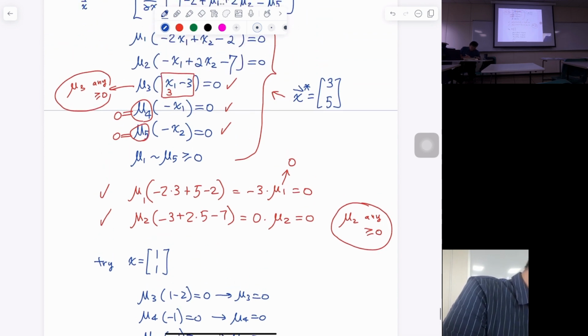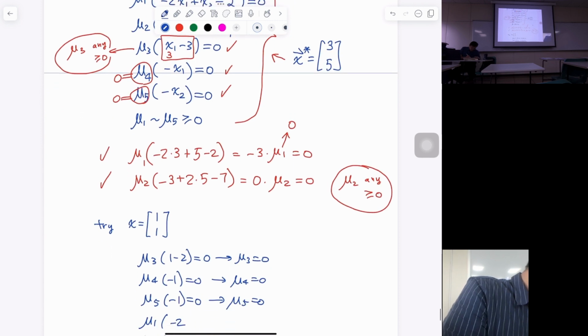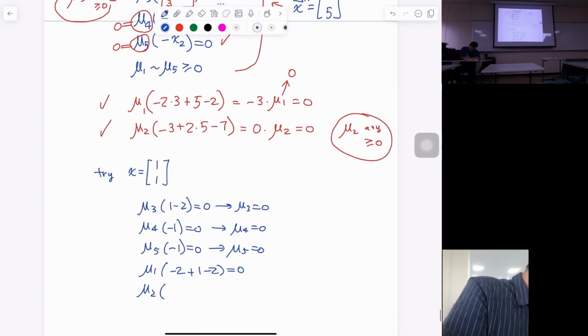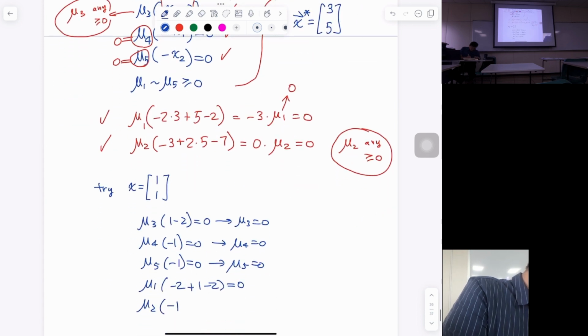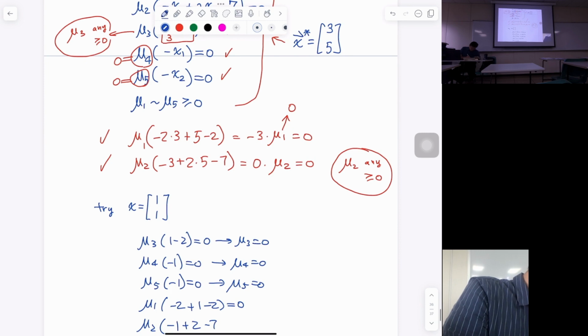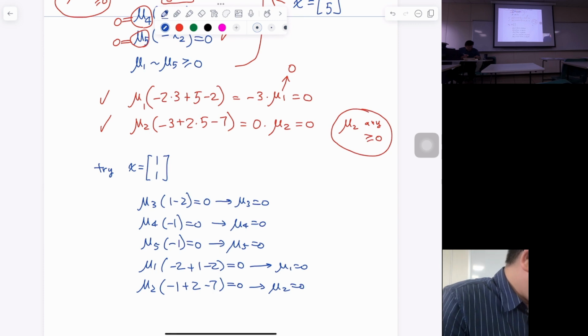I'm using 1 and 1, so negative 2 plus 1 minus 2. This has to be 0. This one, negative 1 plus 2 minus 7. This has to be 0. So in this case, mu 1 has to be 0. Oh, also satisfied.